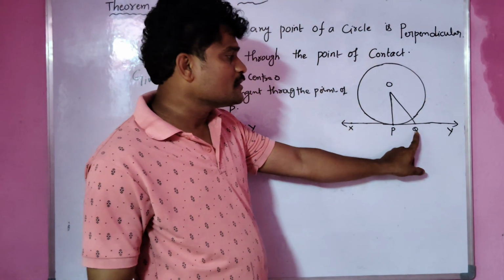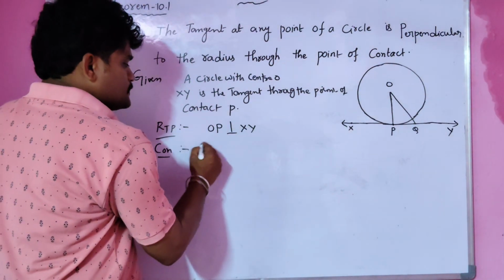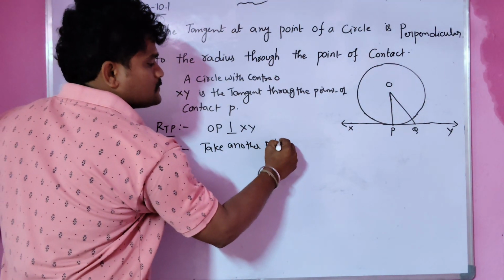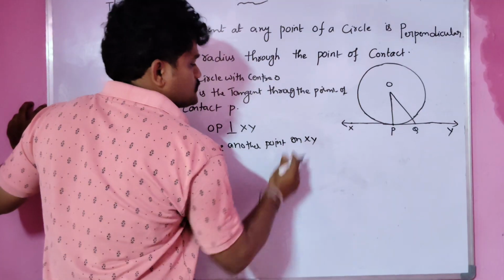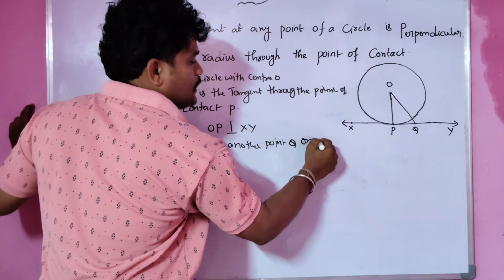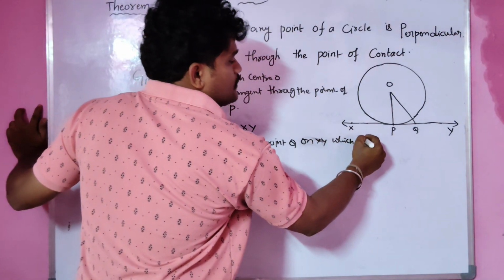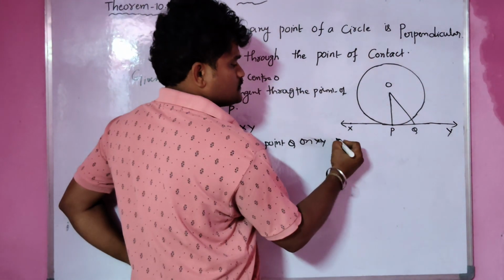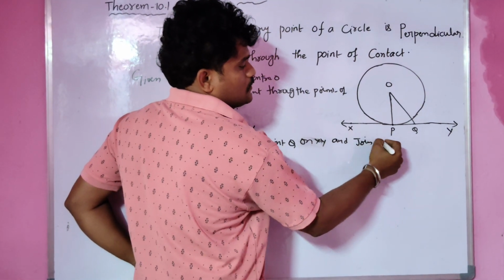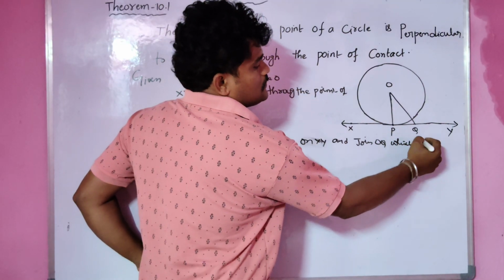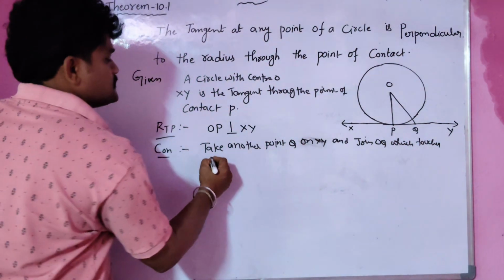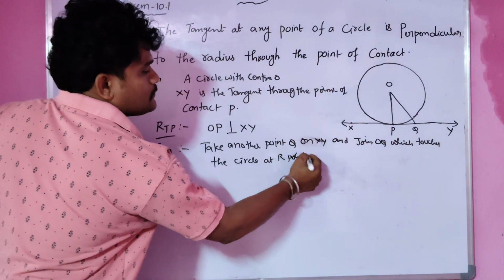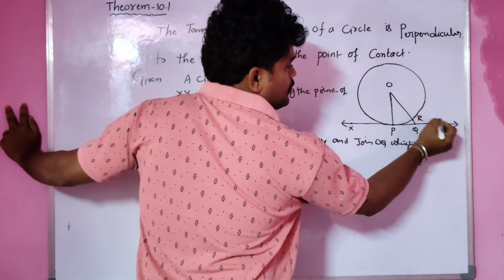So I will take another point Q on XY, and I will join OQ, which touches the circle at point R. I will call this point R.